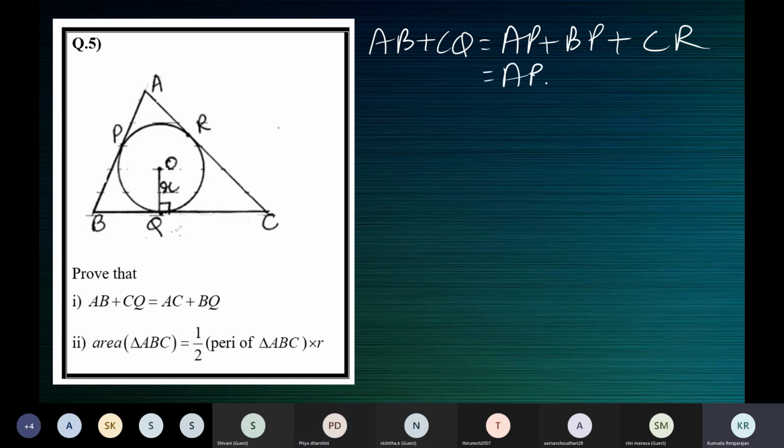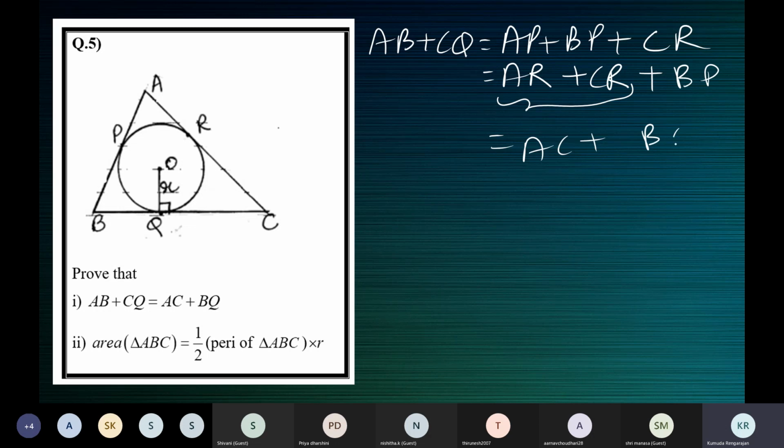So in the next step, you write AR, and CR, because combining these two you can get AC plus BP. But what should you actually have on the other side? BQ, right? But BP is equal to BQ. So AR plus CR is AC, plus BP is nothing but BQ. So we got the result: AB plus CQ is equal to AC plus BQ.